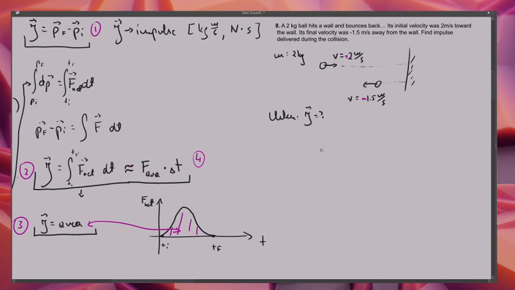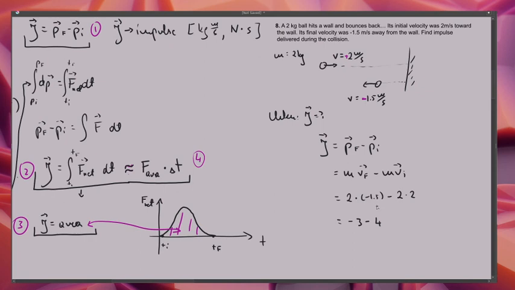Now J by definition is the change of the momentum, final minus initial. All of this is vectors. What I have to do is find the final momentum. P final is m v final. That gives me 2 times minus 1.5, which gives me minus 3, minus 4.